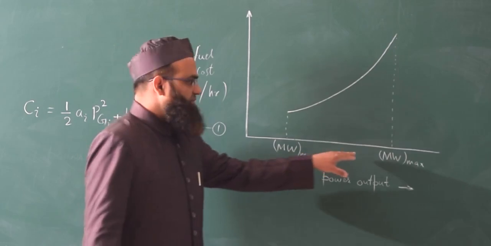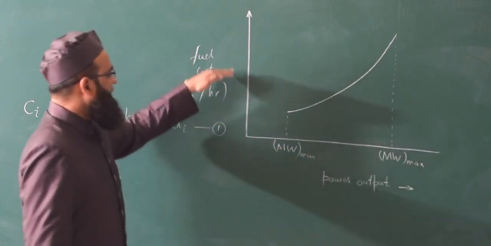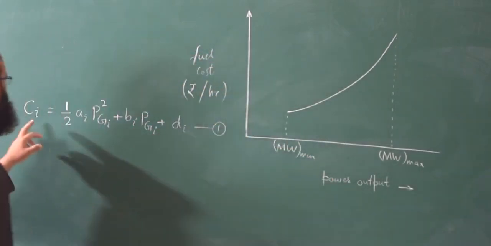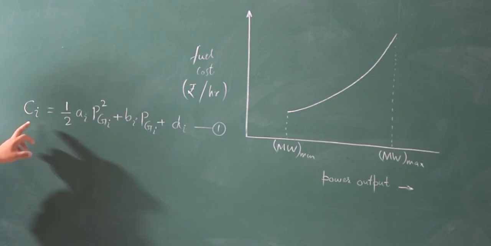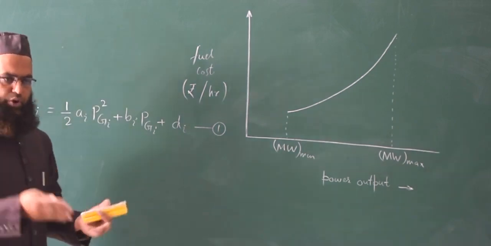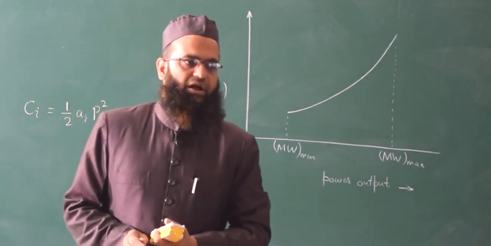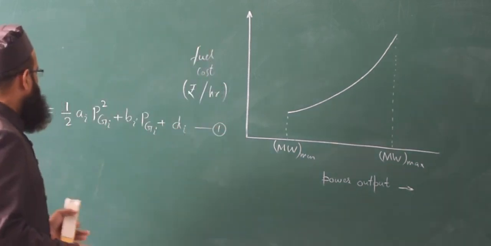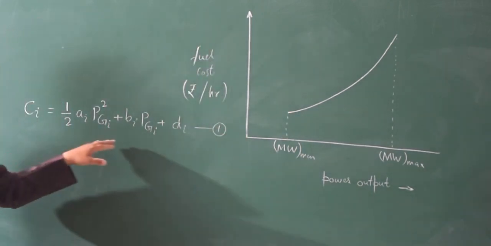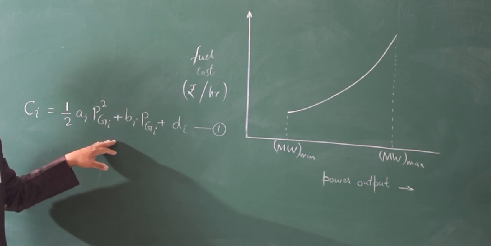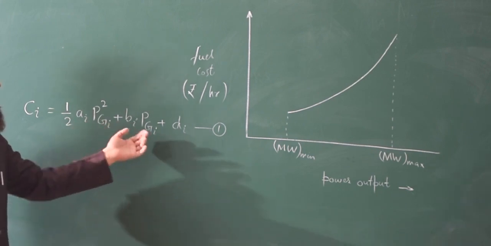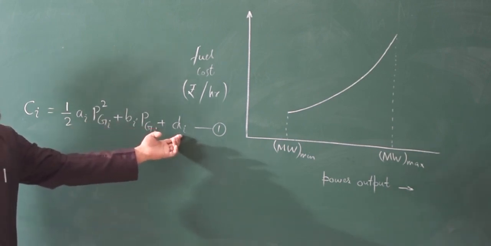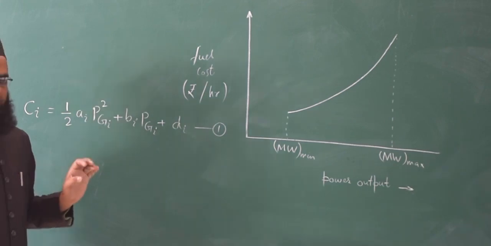With varying pgi we are getting different Ci. So i denotes a particular unit. Depending upon the number of generating units at a particular power plant, we can have different such relationships, meaning different coefficients ai, bi and di for a particular unit, right?